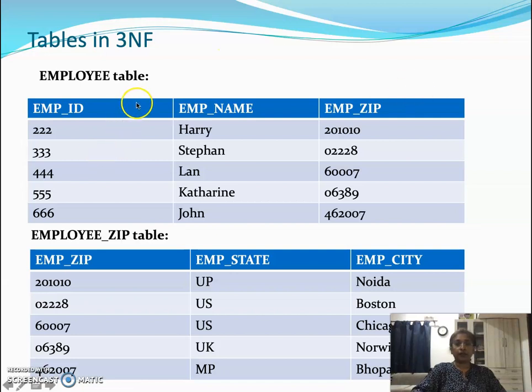Employee table and employee zip table are created. In the employee table, only employee name and EMP zip are put, where these two non-key attributes are functionally dependent on EMP ID, and in the second one, EMP state and EMP city are now functionally dependent on EMP zip.